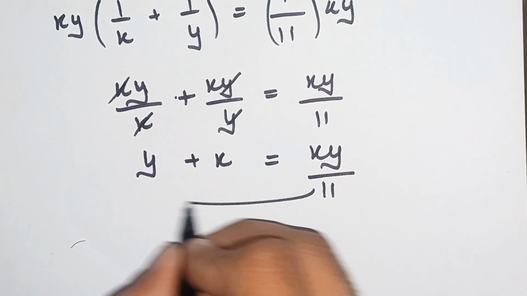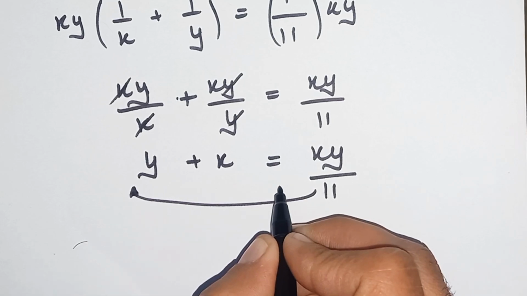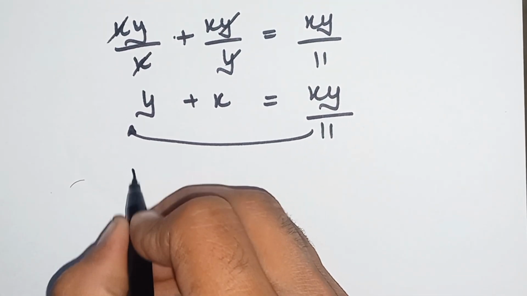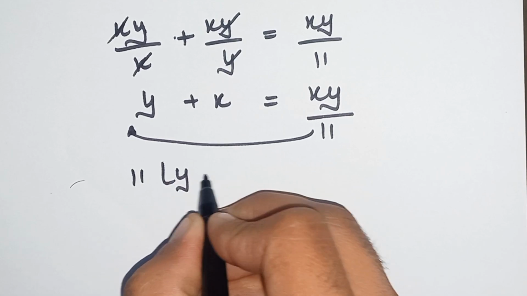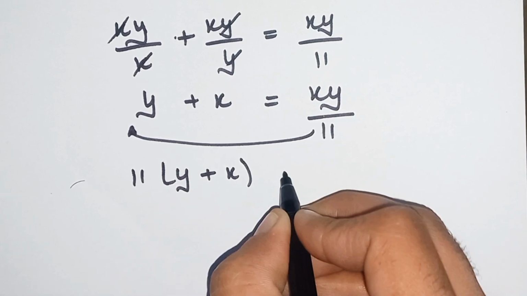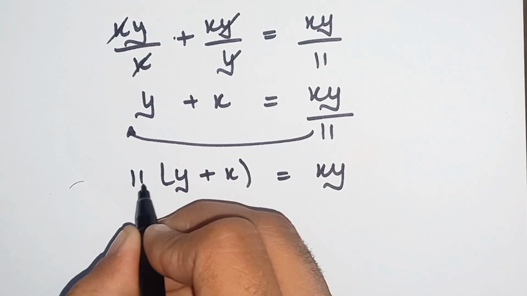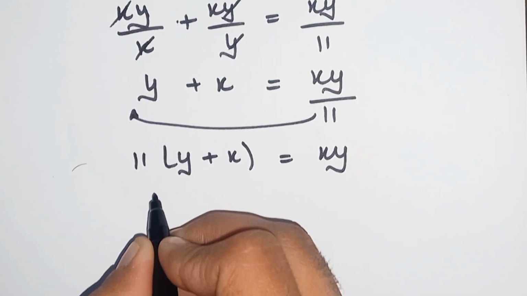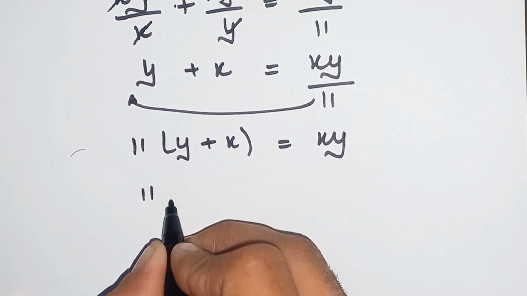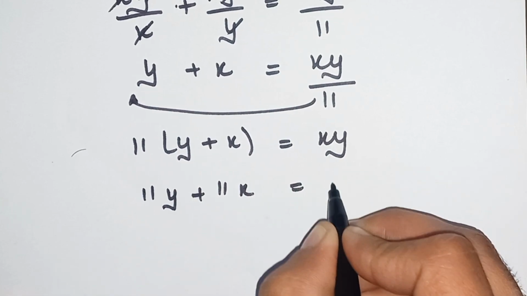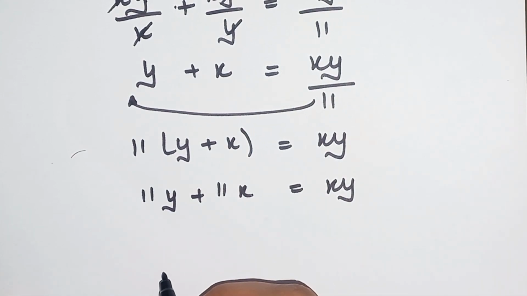So multiply it here. If we multiply it inside, 11 times (y plus x) equals xy. Further, moving on, 11y plus 11x equals xy.